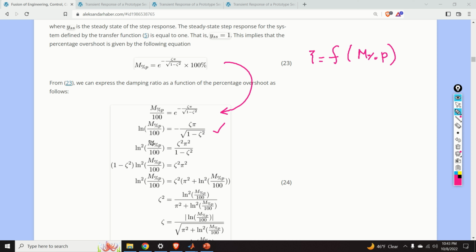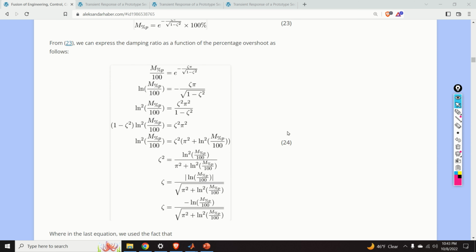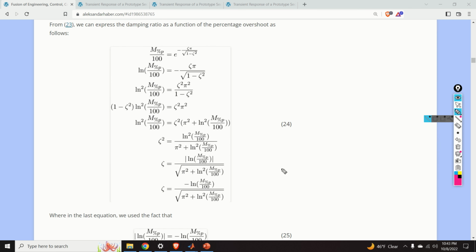Next, we take a square of both sides, we obtain the equation over here. After some transformations given by this equation and this equation, we can basically obtain zeta square, the formula for zeta square. And going further, we can obtain zeta by taking the square root of this fraction.